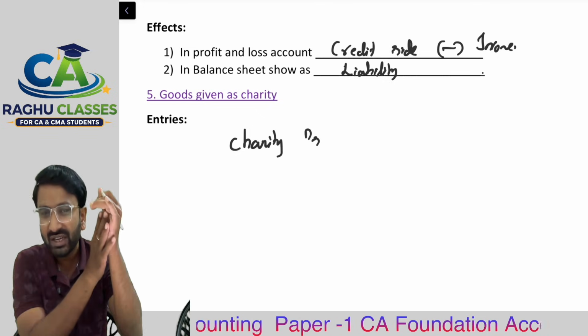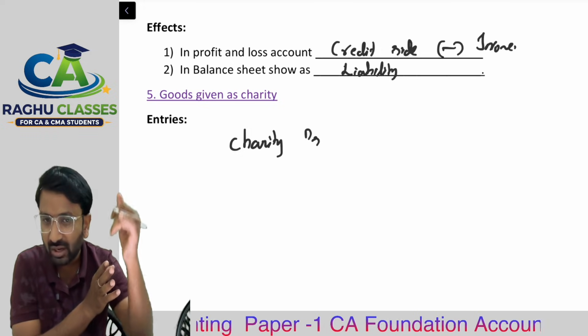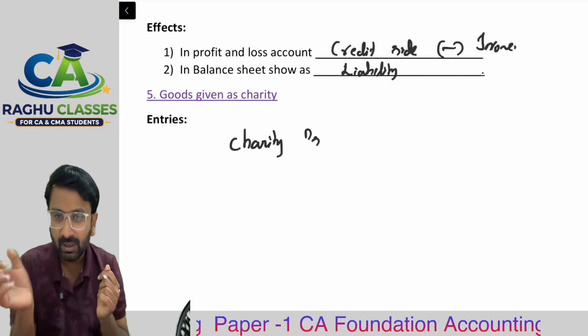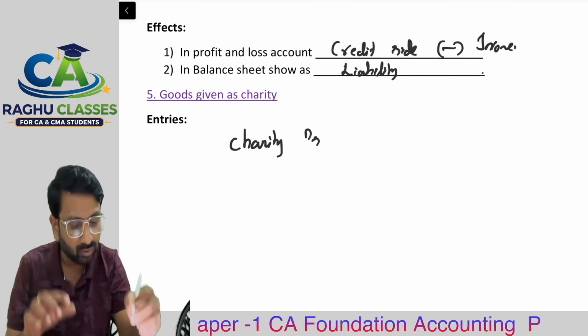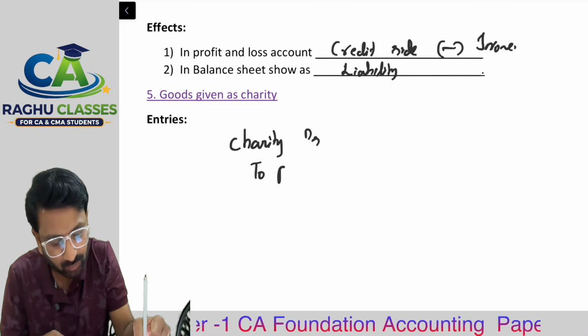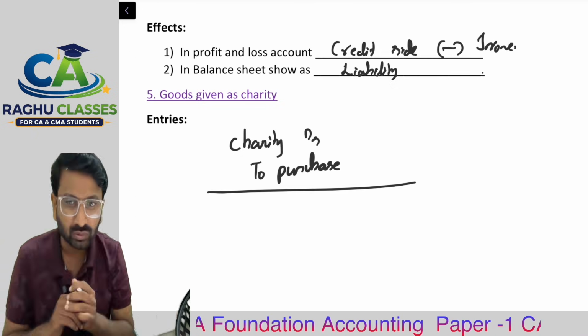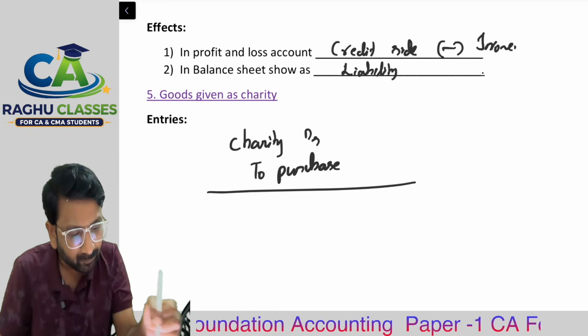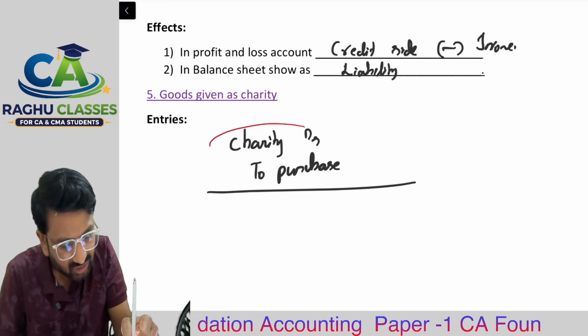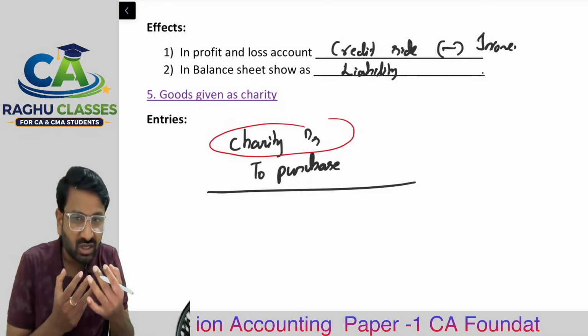So if you have to minus from the purchase, my purchase will come down. Purchase is a debit balance, and if purchase is going down, you have to credit that account. So the entry is going to be charity account debit to purchases account. Okay. And next one, this charity is not something that is related to either purchase or production.